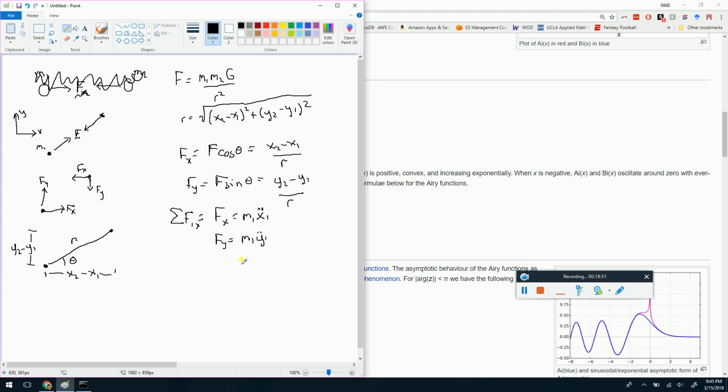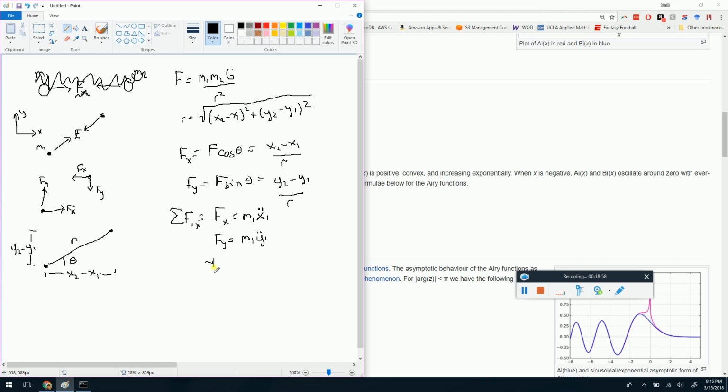Okay, so that's just a fancy way of saying force equals mass times acceleration, and the component force in the x direction is the acceleration in the x direction times the mass. We'll leave the masses separate. Okay, so similarly, let's do the sum of the forces for body 2.